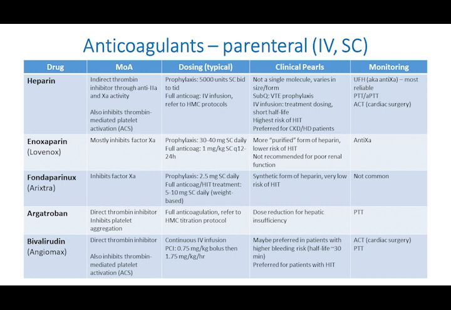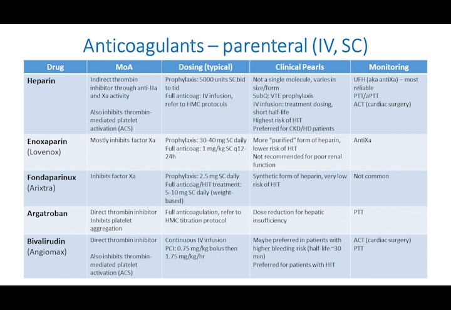Enoxaparin, or Lovenox, works very similarly to heparin, but it has a better, more specific activity against factor 10A. As far as dosing goes, VTE prophylaxis dosing is usually anywhere from 30 to 40 sub-Q daily. We do adjust it based off of BMI as well, but it gets kind of complicated, so pharmacists usually would just adjust it for you guys.